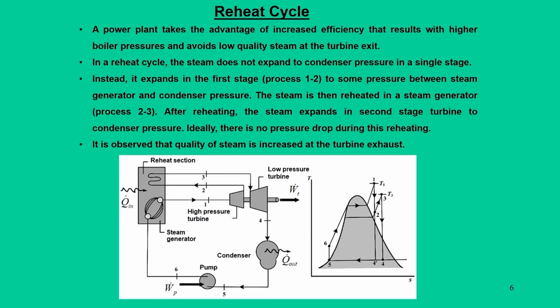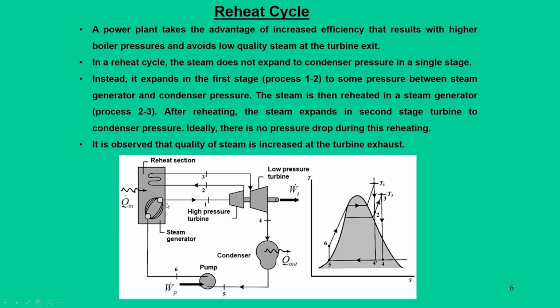In a reheating system unit, the expansion process in the turbine is done in 2 or more phases. The first phase is called the high pressure turbine, and the second phase is called the low pressure turbine. So, let us understand how we achieve this.